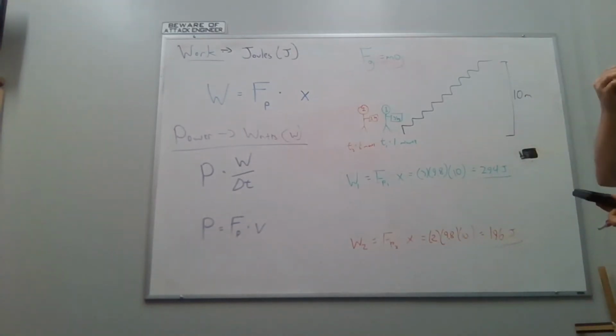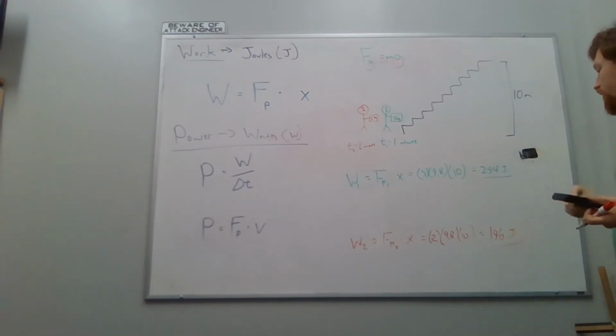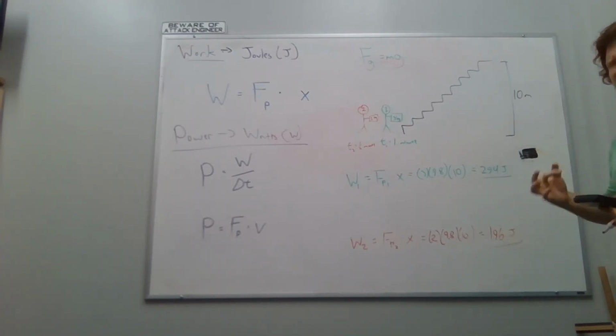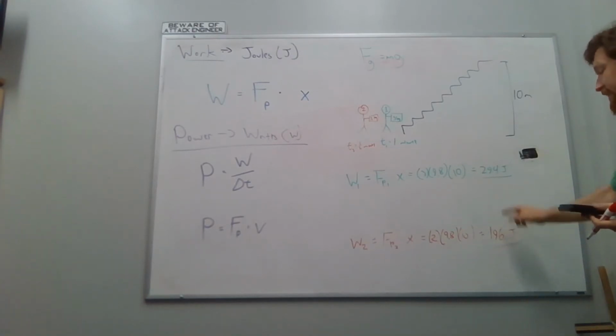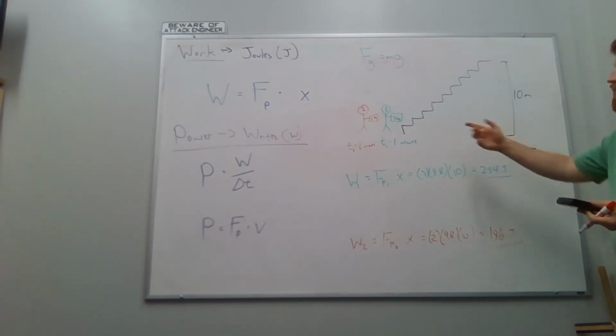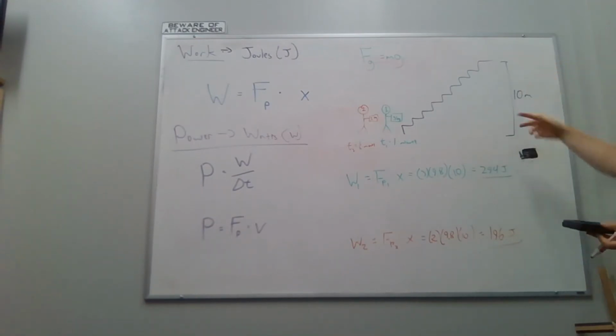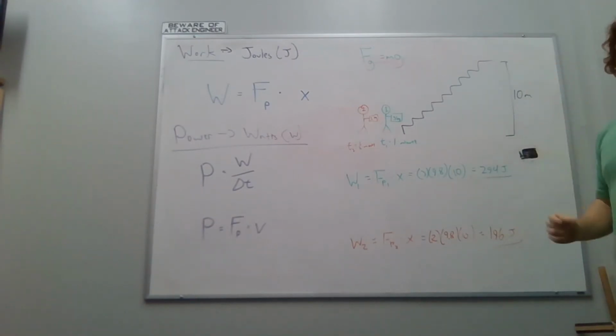And that tells us that it took this person 196 joules worth of work to lift this box all the way up these stairs. So, person 1 did more work. That's the answer to the first part.